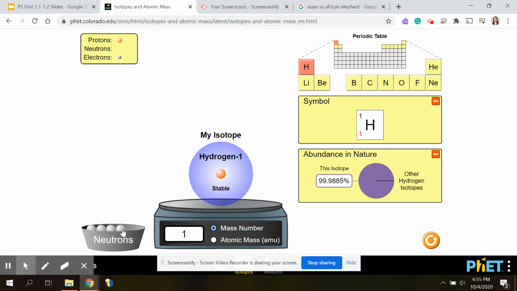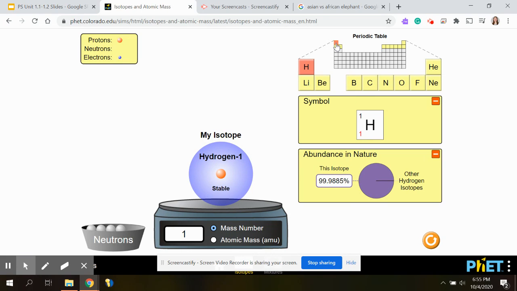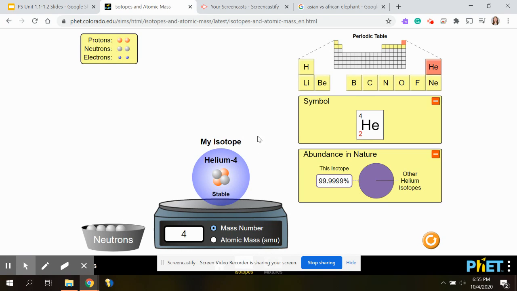Number 1, we saw that adding a neutron does a few different things. So we see how it's still hydrogen. So adding neutrons, you are not able to change the element. The only way you can change an element is, again, by adding a proton. So see how there's one more red dot here than there was before. That is the proton, and that is the only way I can possibly change my element.